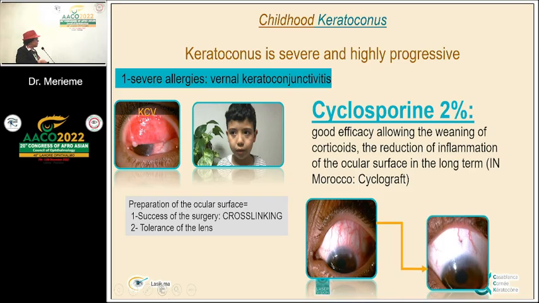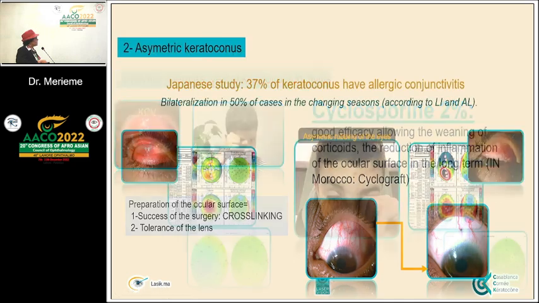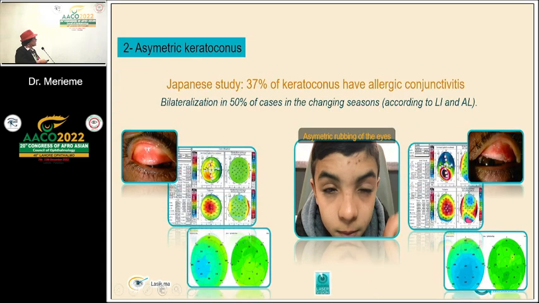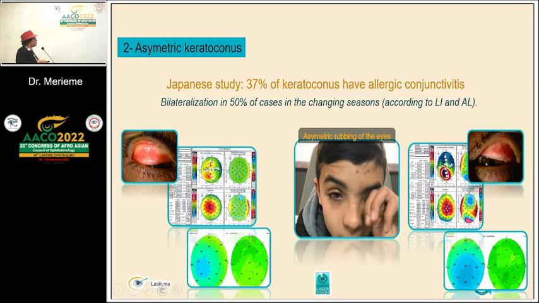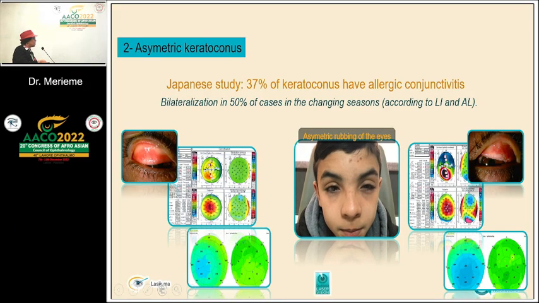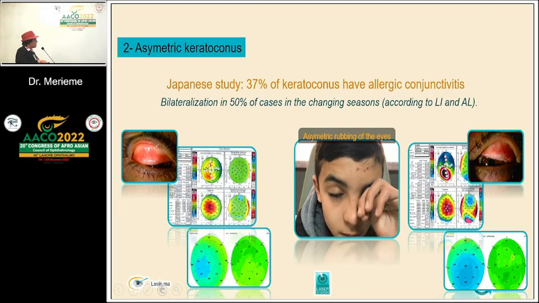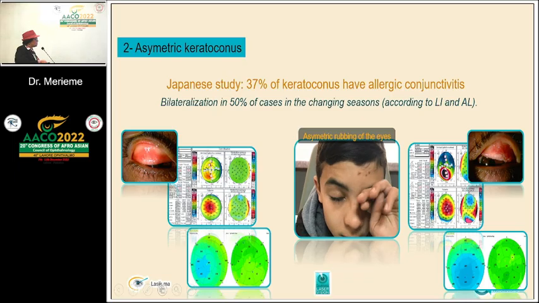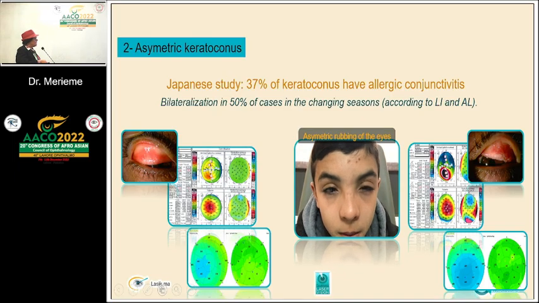This is an example of preparation with cyclosporin, and when we have a good ocular surface scan, we can do the cross-linking and adapt the child. Keratoconus is often also asymmetric because we have asymmetric rubbing, like this patient, 14 years old, whose left eye rubs.